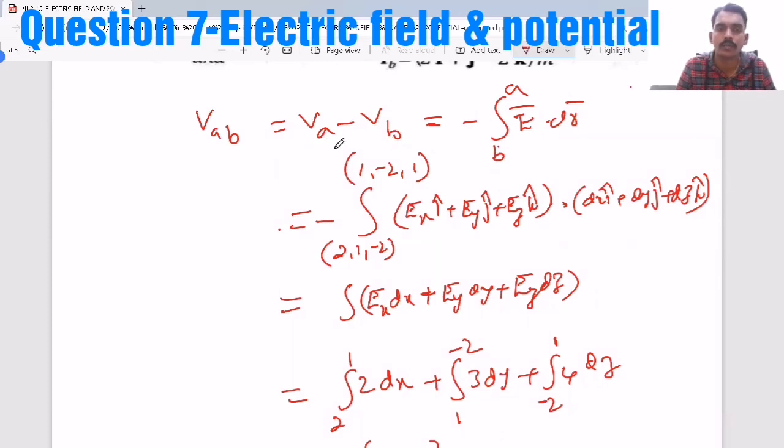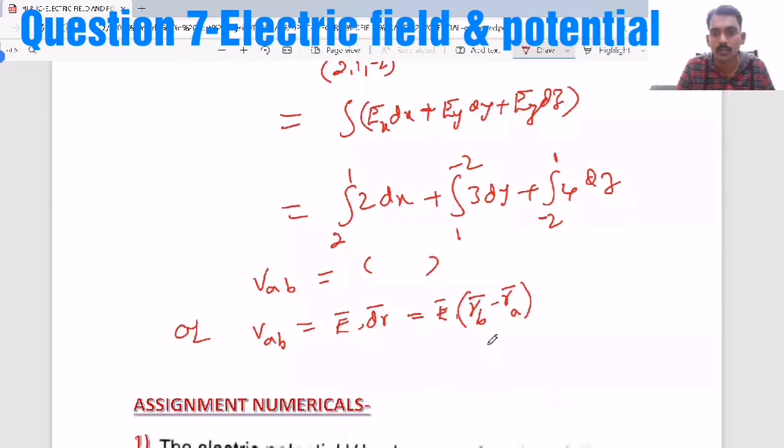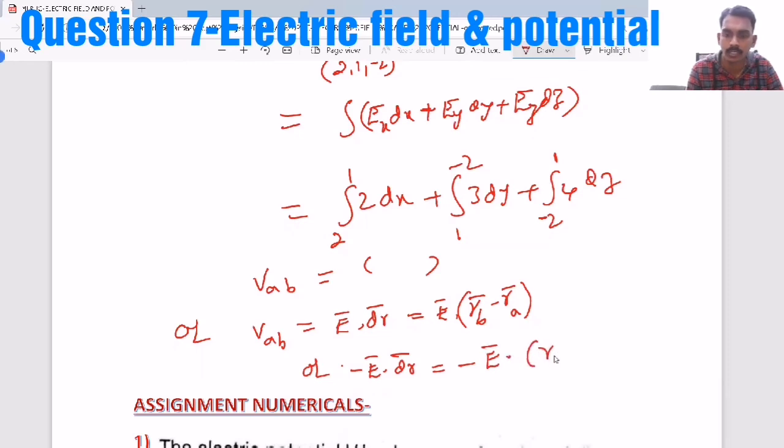VA minus VB means final is A, initial is B, so you have to take it like this: minus E bar dot final position minus initial position. VA minus VB means you are moving from B to A. So you can use this direct relation also, and then you can get the answer.